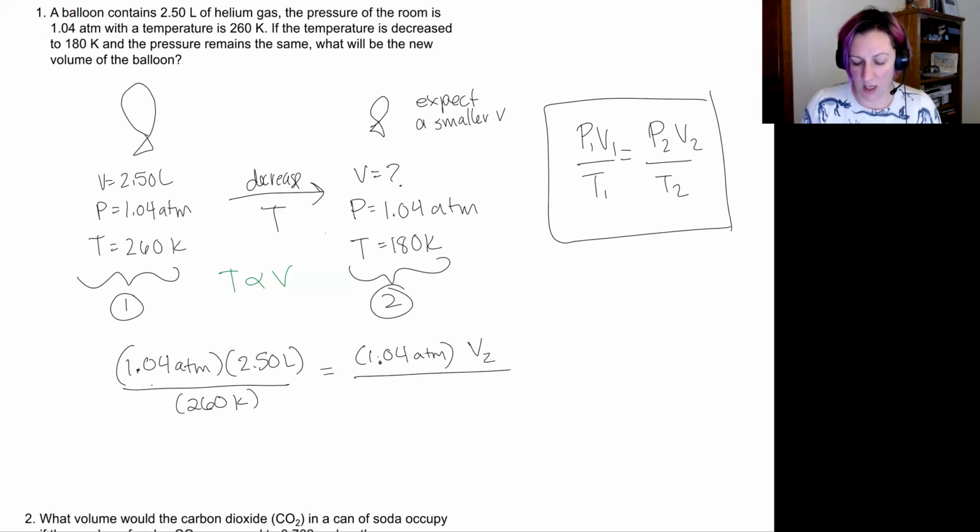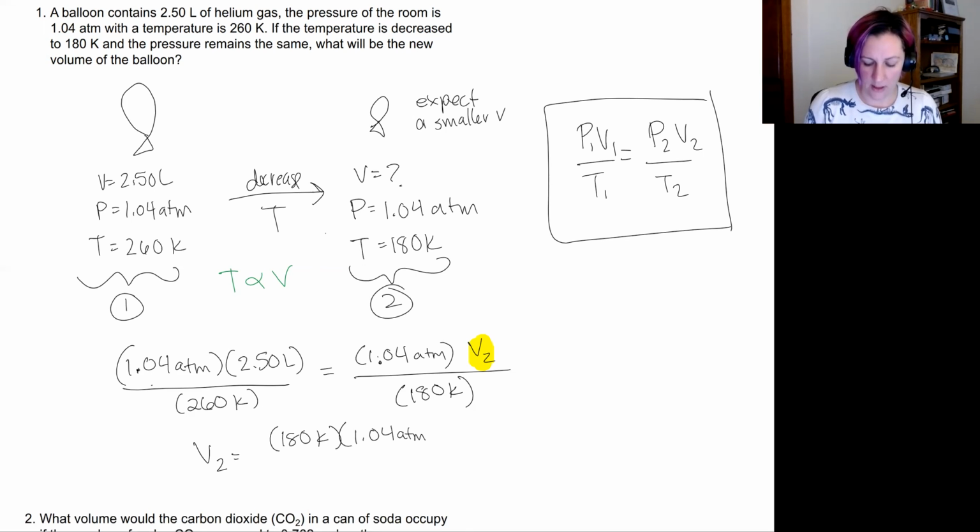And our new temperature is 180 Kelvin. And so we're going to solve for that V2 right there. So V2 is going to equal 180 Kelvin times 1.04 atmospheres times the 2.50 liters divided by 260 Kelvin and 1.04 atmospheres.